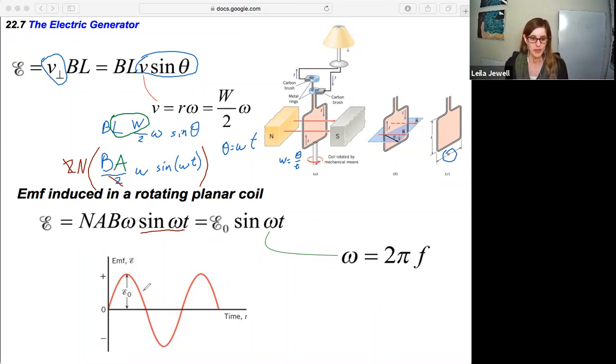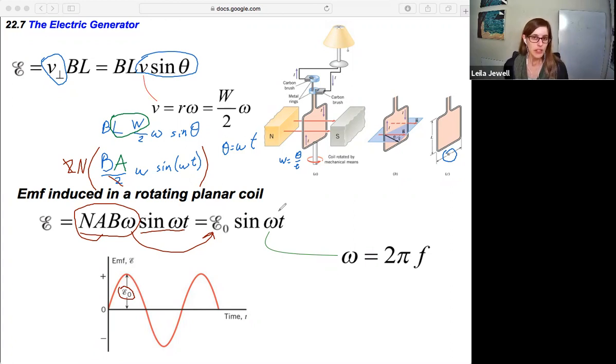So what we'll call that peak voltage, that maximum value, we'll call EMF naught, right? Where EMF naught is equal to everything in front: the number of turns times the area times the magnetic field times that angular frequency or angular speed, omega. And the rest is sine of omega t.